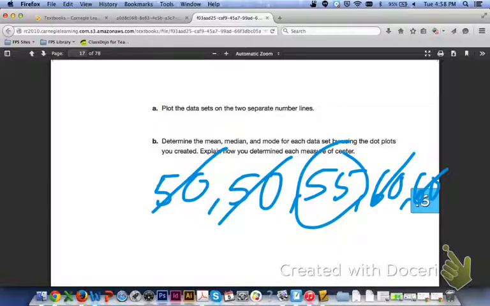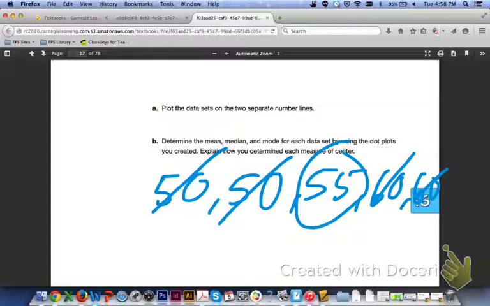Now, finding the mean, we have 1, 2, 3, 4, 5 data values. If we add them all up, 50 plus 50 is 100. 100 plus 60 is 160. 160 plus 60 is 220.